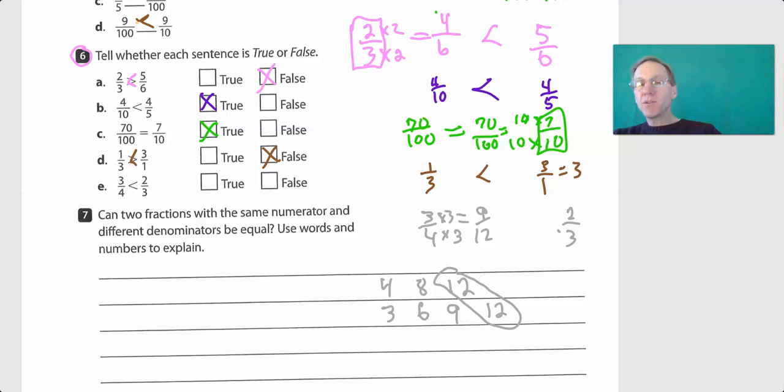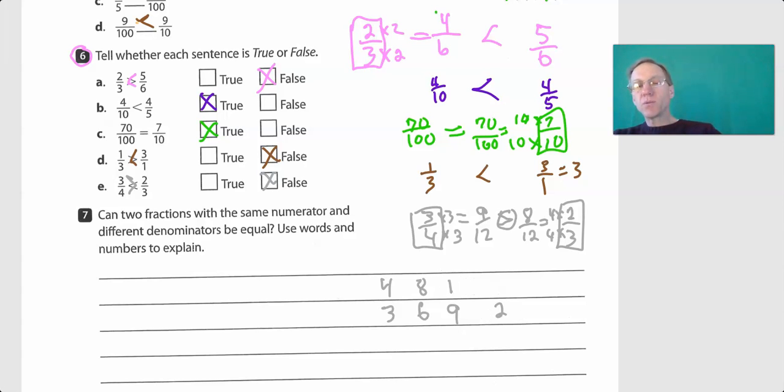And then I'm going to have to quadruple this one: 8/12. Boy, they are really close. 9/12, however, is greater than 8/12. So 3/4 is greater than 2/3. Did they get it right? They got it wrong. That one's false.